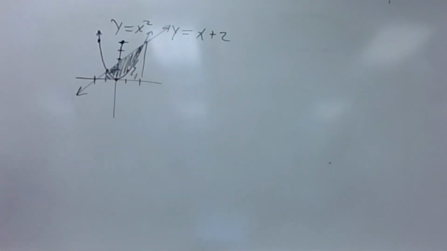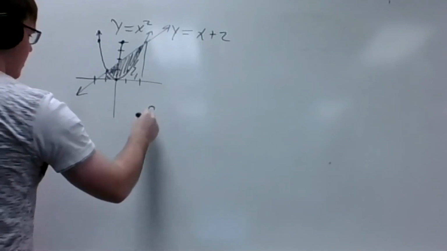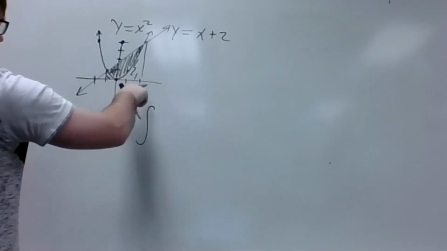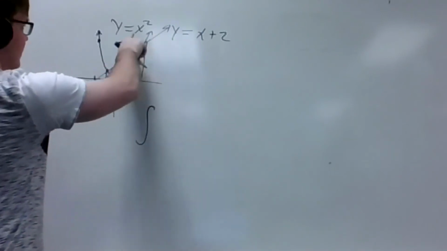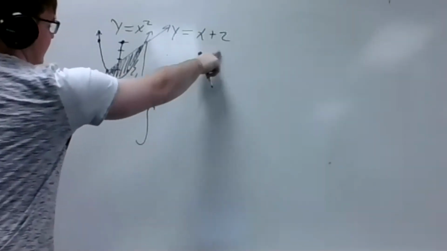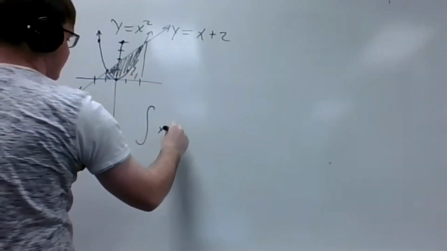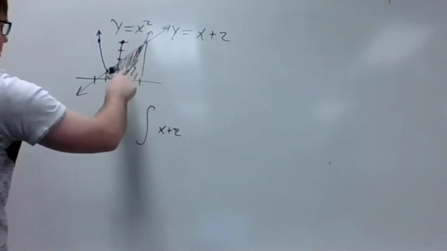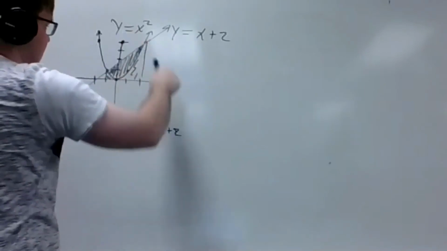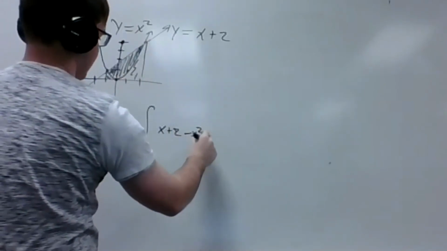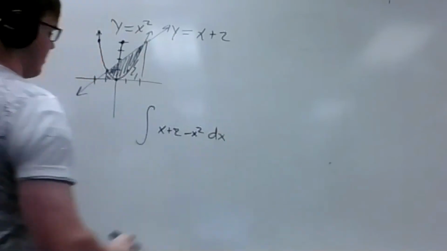Does that make sense, how we do that? When we set this up, we're going to have the integral of the top curve minus the bottom curve. In this case, the top curve is the line, x plus 2, and the bottom curve is minus x squared. That's what our integral is going to look like.